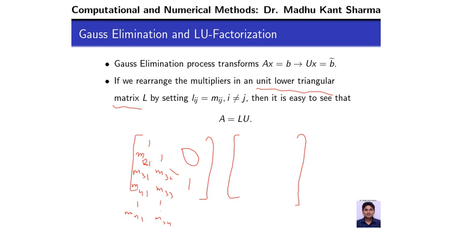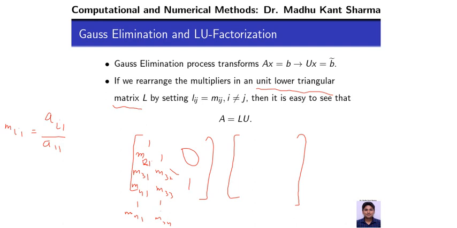The first step multipliers are a_i1 divided by a_11, which is M_i1. So M11 is 1, M21 is a21 by a11, M31 is a31 by a11, and so on.